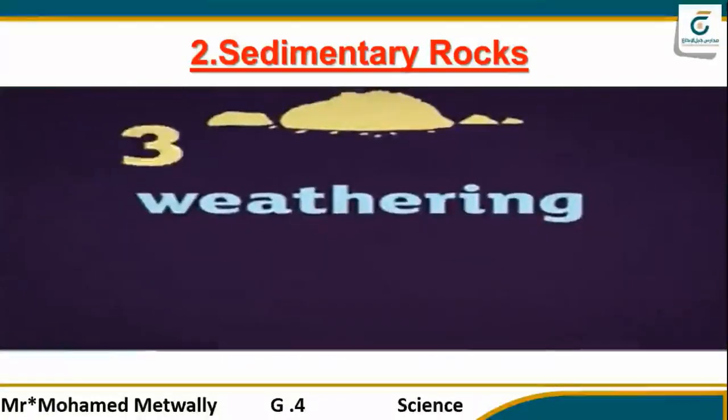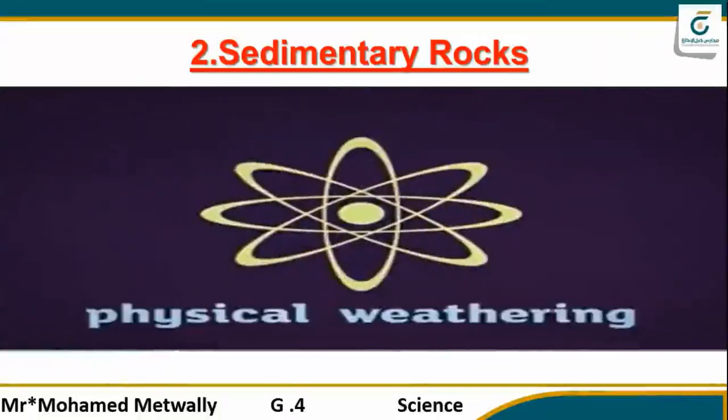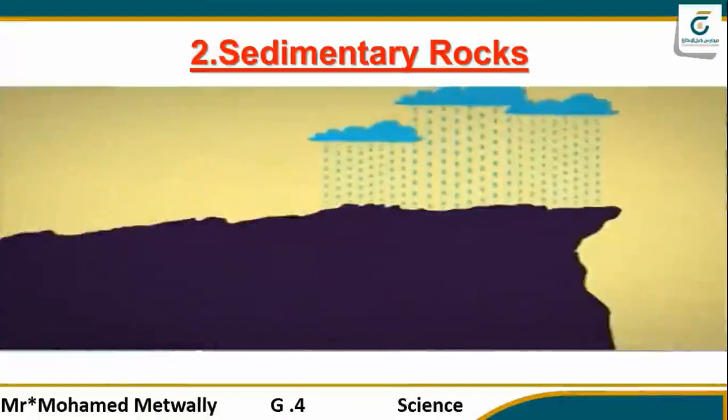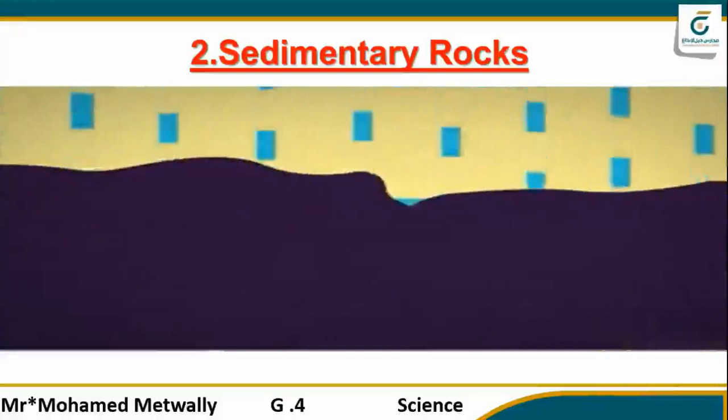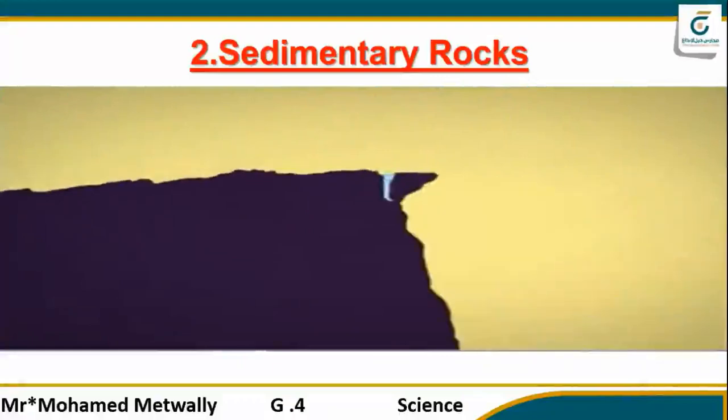There are three main types of weathering. Physical weathering is caused by temperature changes. For example, in freeze-thaw weathering, water gets into cracks in the rock. When the water freezes, it expands and forces the rock apart. This happens many times, eventually breaking the rock.